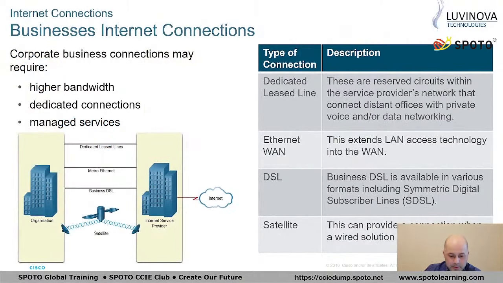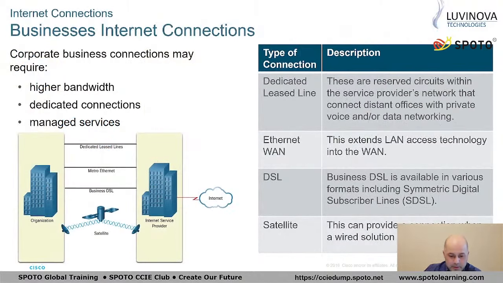Business. What we talked about was the home office, but business uses a slightly different type of connection. A dedicated leased line is very expensive. Why? Because it's dedicated exactly for that company.